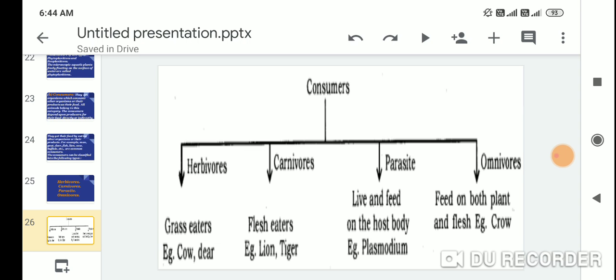Omnivorous feed on both plants and flesh, for example crow. Herbivorous are grass eaters, for example cow and deer. Carnivorous are flesh eaters, for example lion, tiger, etc.